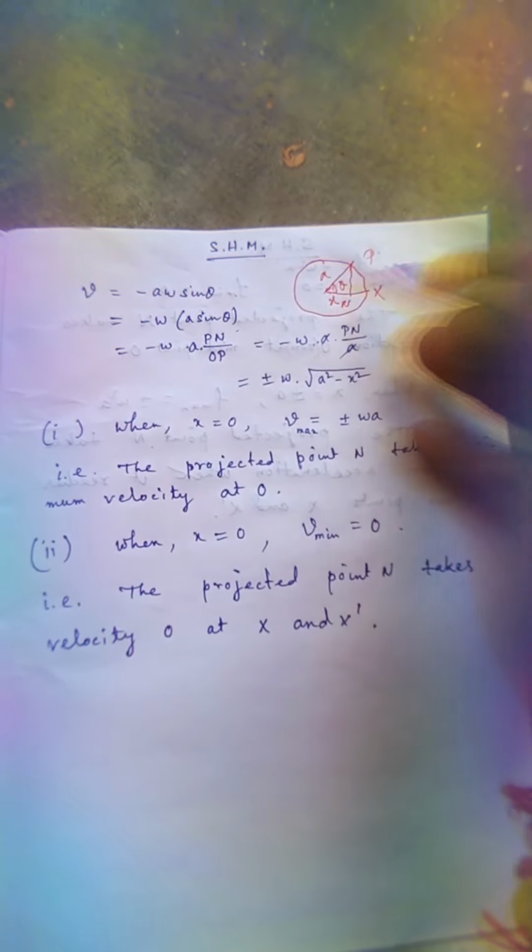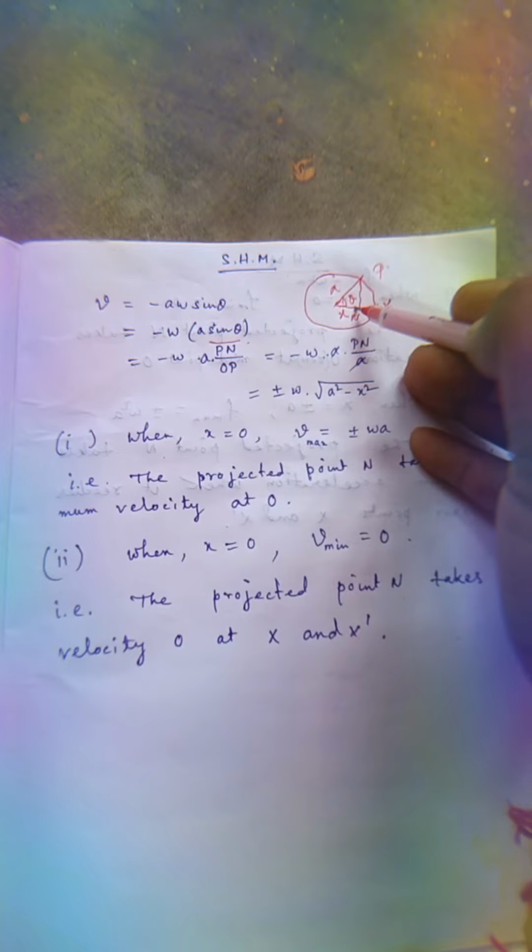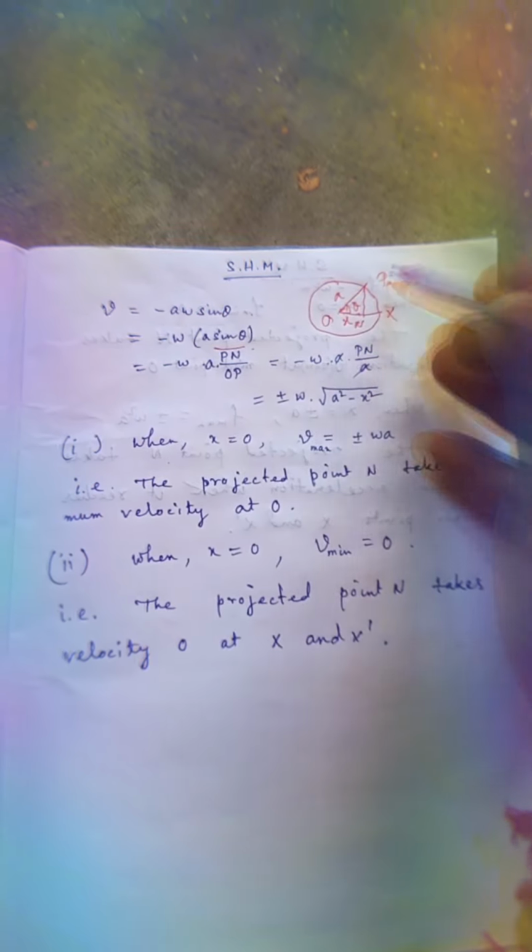Here you can draw the circle again. Circle with center O, this is X, this is A, this is the point P, this is N, and this is theta. So sin theta is equal to PN by OP.